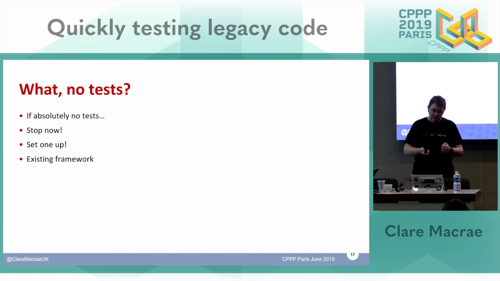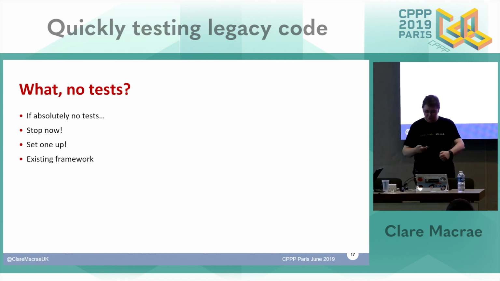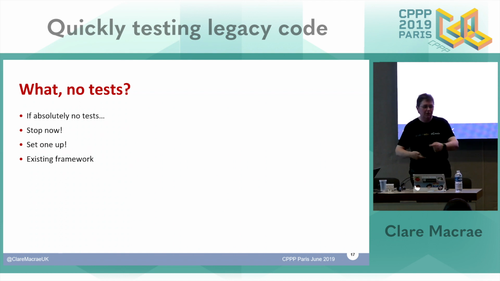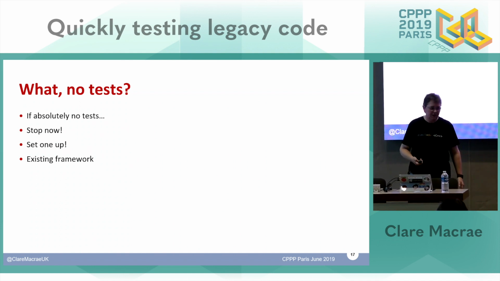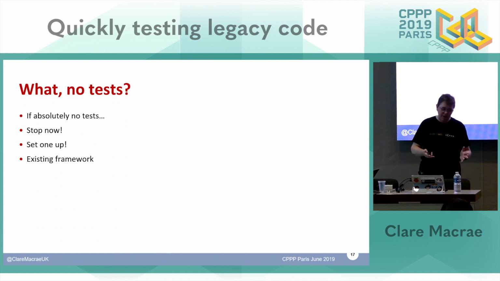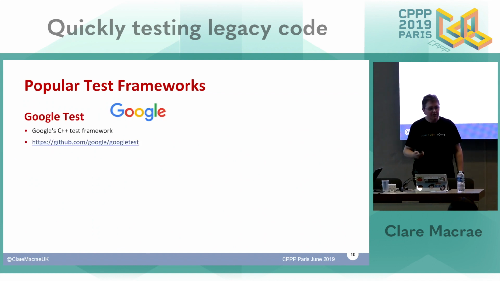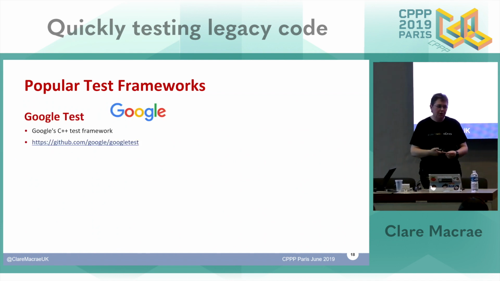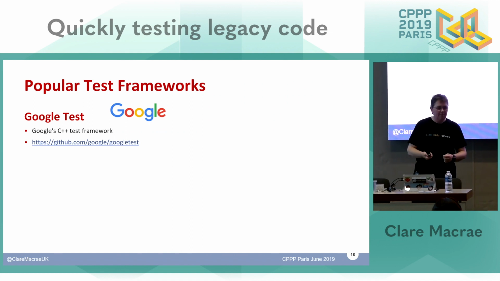Twenty years ago at work, we had a home-written, homegrown testing framework, but over time, we migrated to Google Test as it happened. So whatever test framework you use, definitely pick an existing test framework rather than writing your own. In C++, probably the most popular one is Google's own test framework. That's the link there.